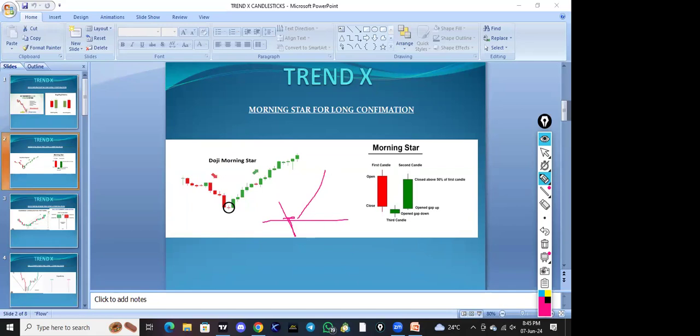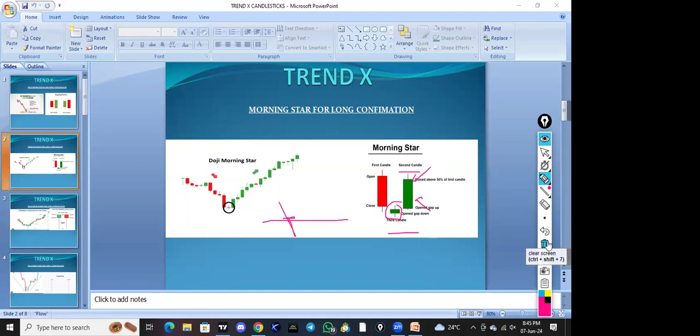With candlestick confirmation, it will give you the confirmation before going near trend X. These 4 candles I have seen many times. You will see this doji and this candle. Just after closing this candle, we have to take our entry. Our stop loss will be below this.